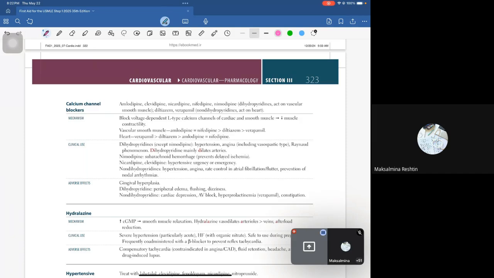So what is Raynaud's phenomenon? Raynaud's phenomenon is a disease. We are going to study it in the musculoskeletal system, but I'm going to briefly touch on it here. Raynaud's phenomenon basically means that there are different arteries in our hands, and sometimes the smooth muscles of these arteries contract all of a sudden.